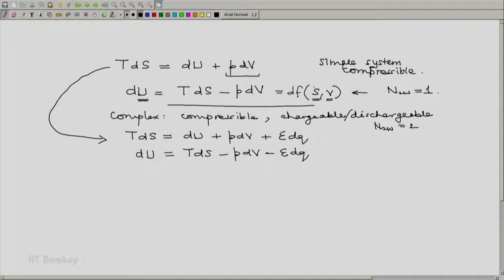So just the way we wrote this as dF, we can write this as some dF of say S, V, q, or T, P, epsilon. Choice of variable is with us.